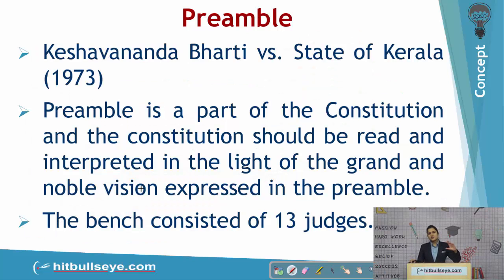Now, there was a huge controversy as to whether the preamble is a part of the Constitution or not, but this was finally laid to rest by the case Kesavananda Bharati versus State of Kerala, and it says that preamble is a part of the Constitution, and the Constitution should not only be read but it should also be interpreted in the light of the grand and noble vision expressed in the preamble.